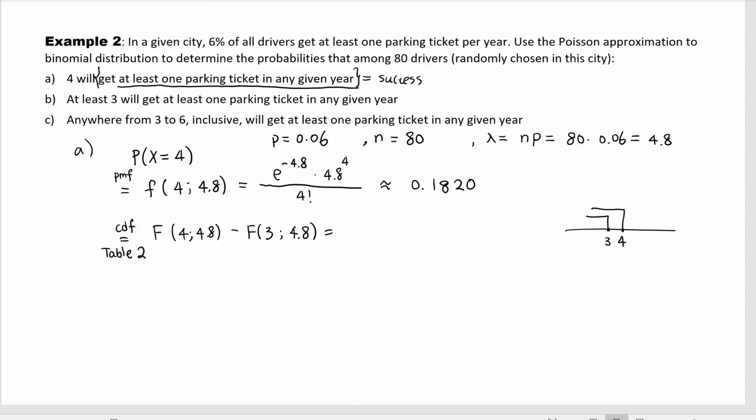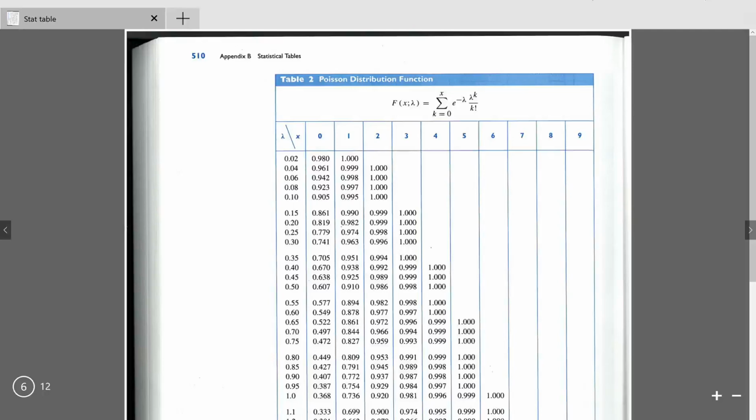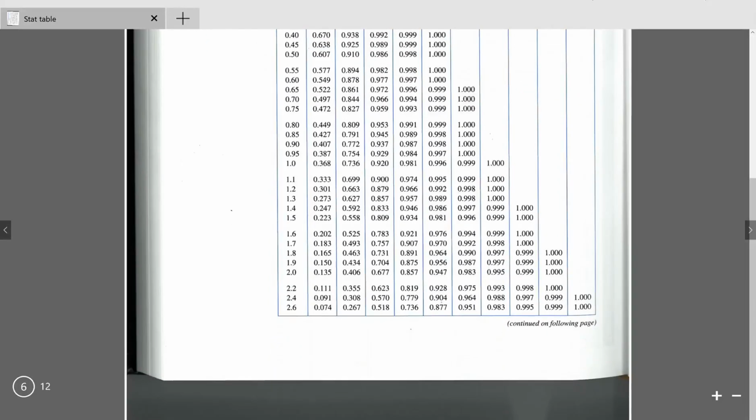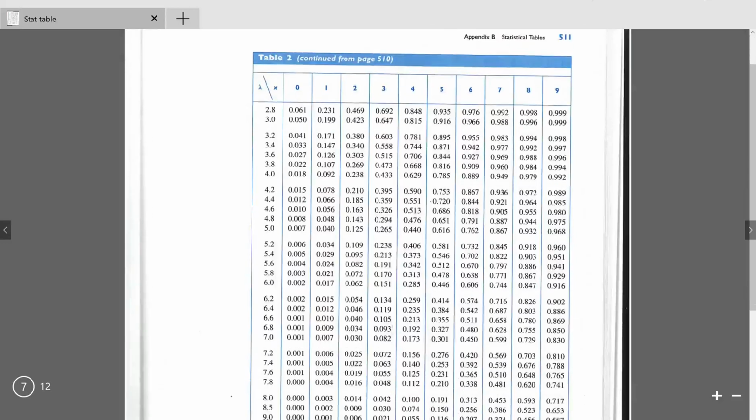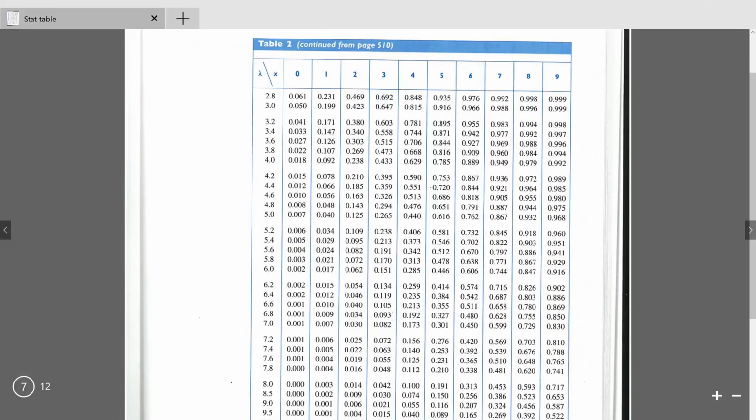Well, let's find those numbers. So let's get our table. So this is table 2, the CDF values for Poisson distribution. Our lambda is 4.8. So next page. So 4.8 is right here. And let's see, we first find F of 4, 4.8.